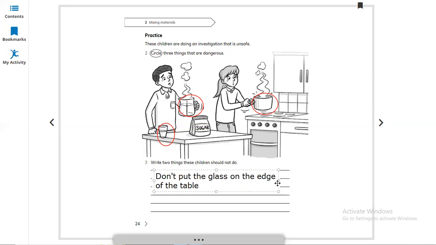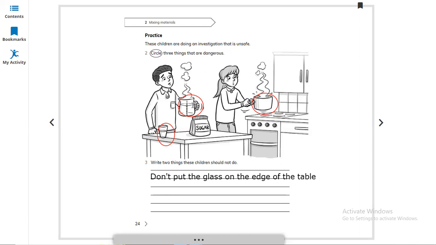After this, one more. You need to write one more. Do not taste dissolved sugar when the water is very hot. And also we can say don't use hot water without an adult, your parents, or sister or brother in front of you.